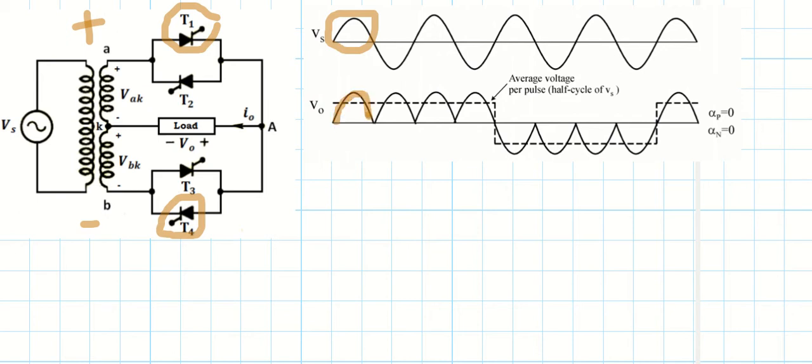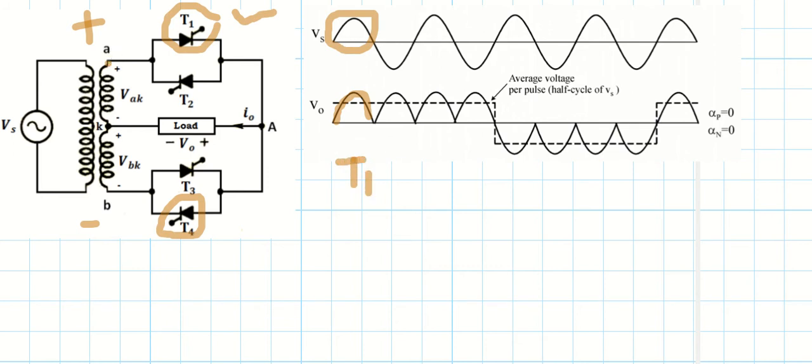What does it mean? That the current is entering from the positive terminal of the load. So if we apply gate pulse at T1, what do we mean by gate pulse? That if the conduction is through thyristor T1, the load current will enter from the positive terminal of the load. So we will apply the gate pulse at thyristor T1.